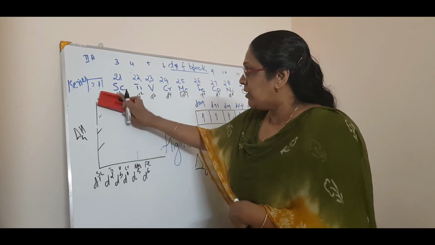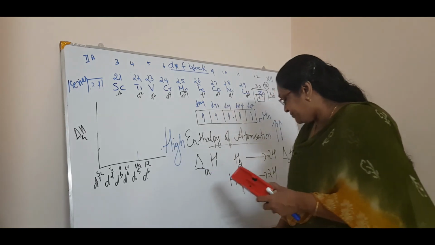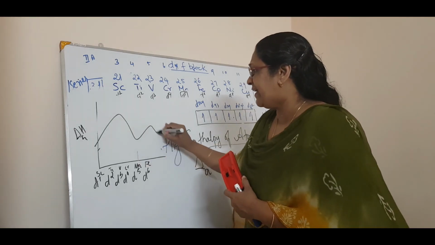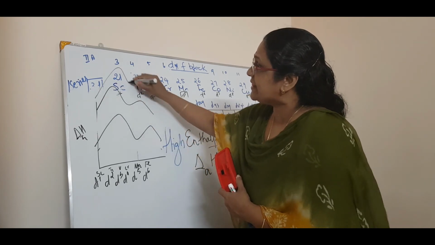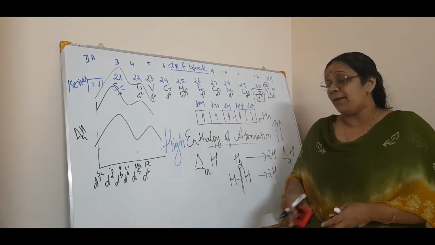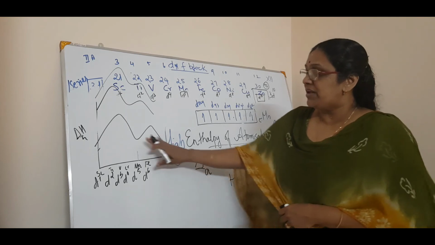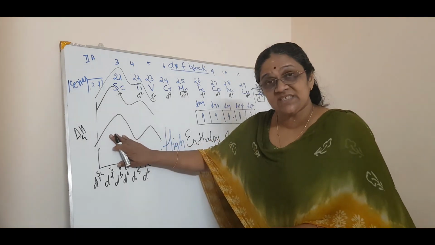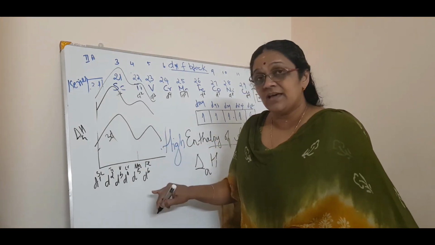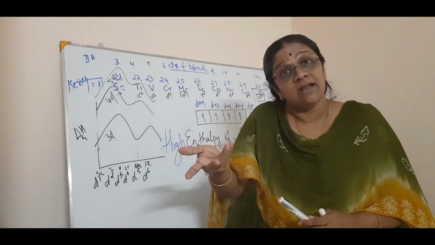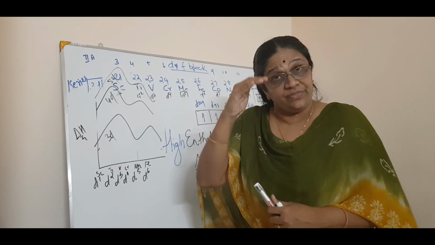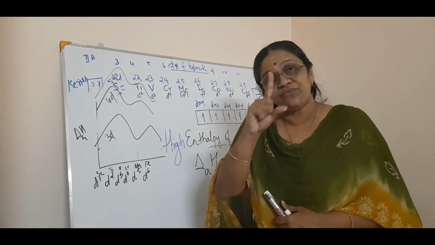In the first series the enthalpy is here, and again there is a dip. The 4d series and the 5d series have a greater enthalpy of atomization than the 3d series, or the first series.